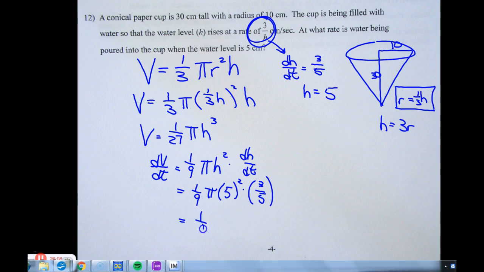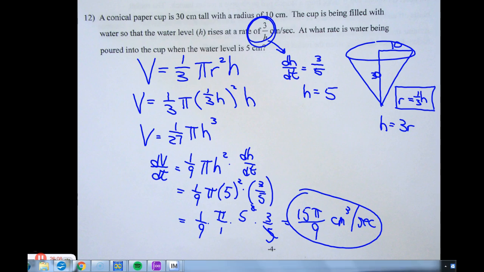So that's like 1/9 times pi over 1 times 5 squared times 3 over 5. Just kind of set it up as all fractions. So one of these 5s will go away with that one, and I will get 15 pi over 9. And that's volume, so that would be centimeters cubed per second. Could you reduce that? Yes, but there's no reason to.